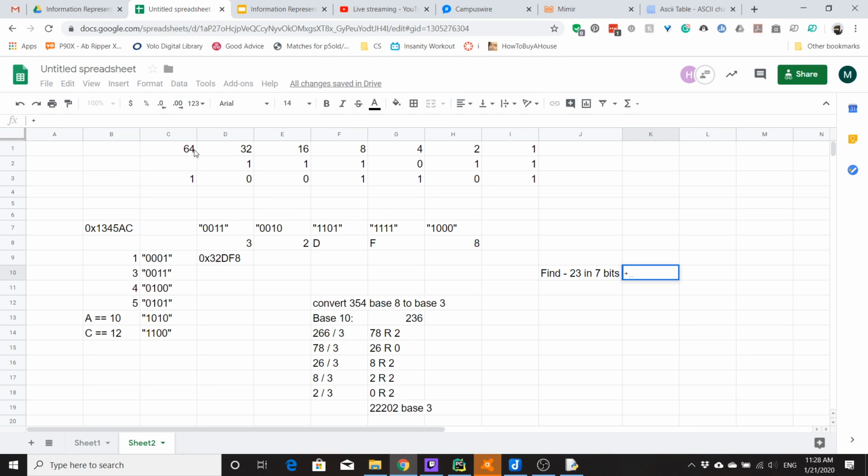So are there any 64s? Nope. Are there any 32s? No. Any 16s? Yes. After you subtract out 16 from 23, you're left with, should be about 7, right? So are there any 8s in 7? Any 4s in 7? Any 2s in 3? Any 1s in 1? Yep. Did that not do it right? I feel like I'm missing some bits here. Some leading zeros. 1, 2, 3, 4, 5.